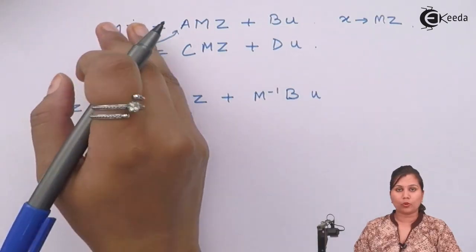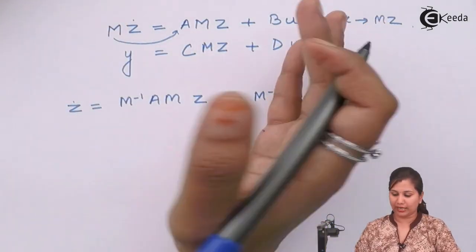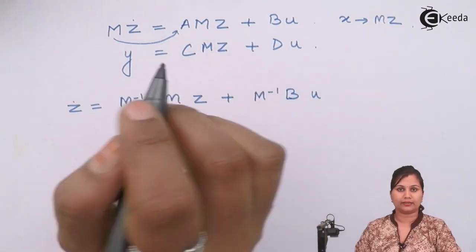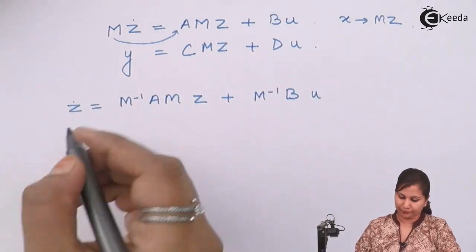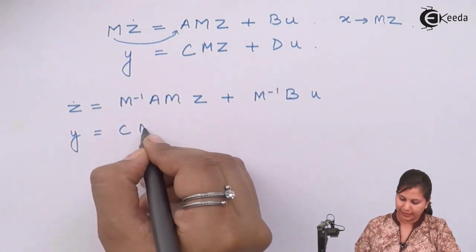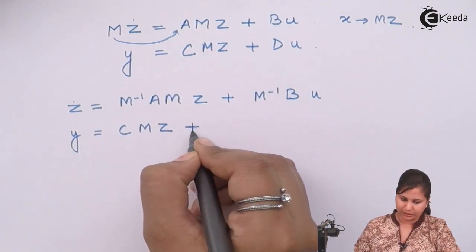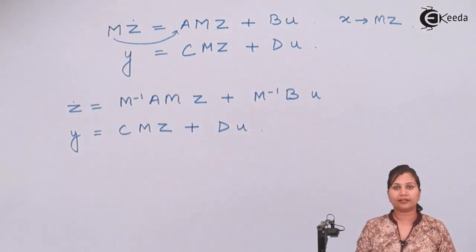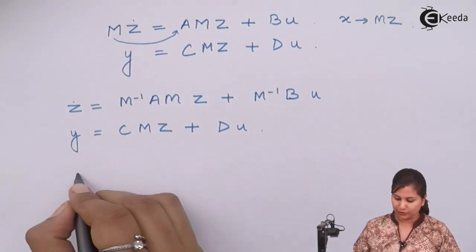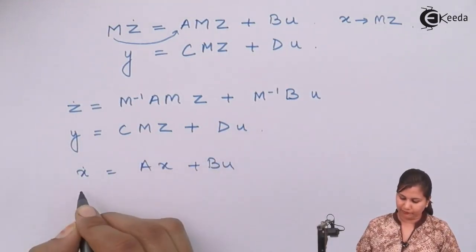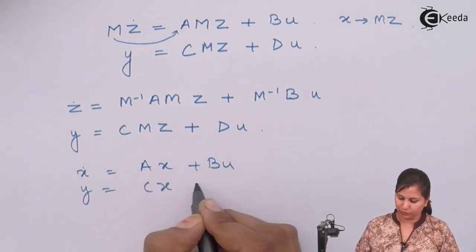When M goes to the right hand side of the equation, it gets converted into the inverse of the matrix. Now we have the output equation as CMz plus Du. So earlier our state model was x dot equals Ax plus Bu and y equals Cx plus Du.